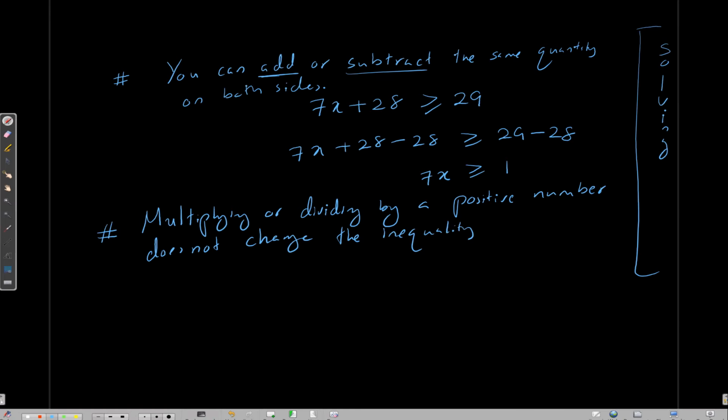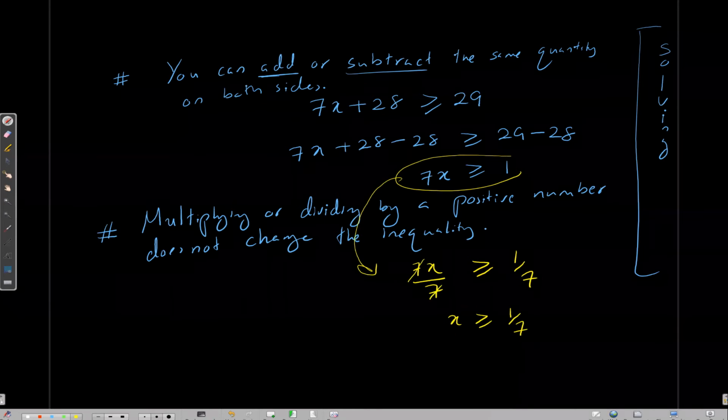Now, for example, in this step we stop right here, so let's keep moving forward. So I would like to solve for x. So what I need to do is divide by 7. Yes, you can do that because 7 is a positive number. Once you do it, you get x greater than or equal to 1/7.